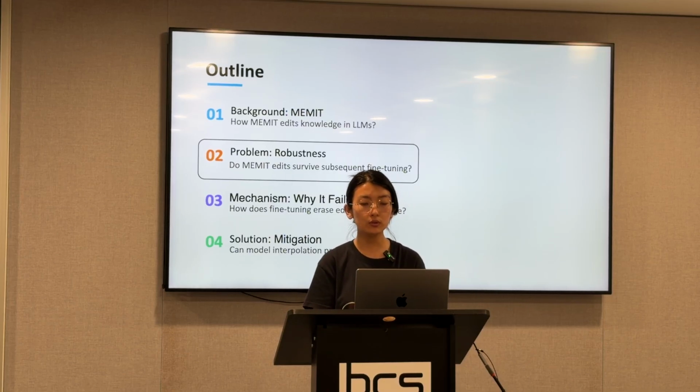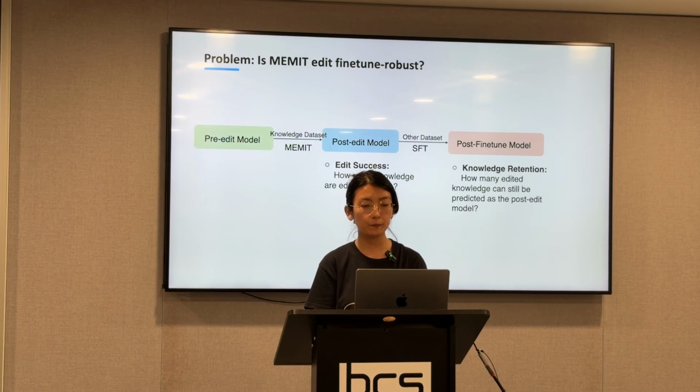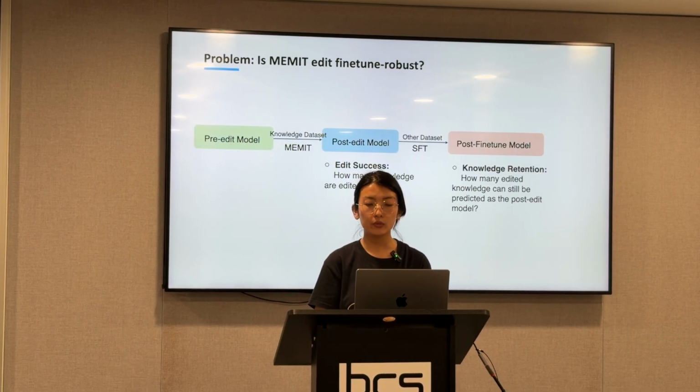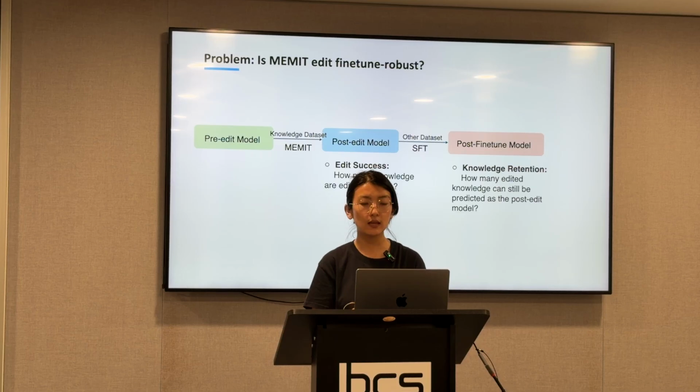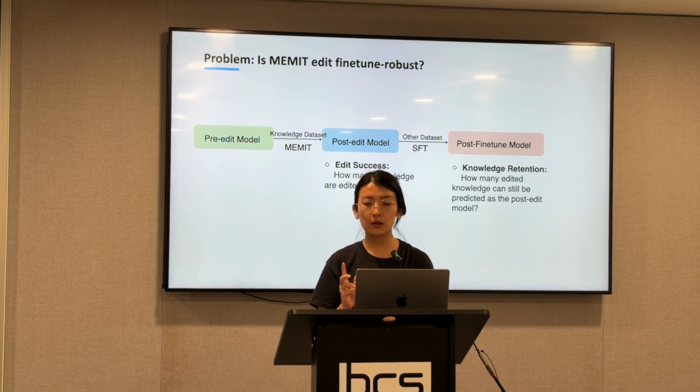And now we come to the central problem that motivates our work. Do MEMIT edits survive subsequent fine-tuning? Here's what we mean. Suppose we use MEMIT to successfully edit 100 facts into GPT-J. It's a 6 billion parameter model, and the edit success rate is 100%. After editing, the model can correctly answer all 100 factual queries.